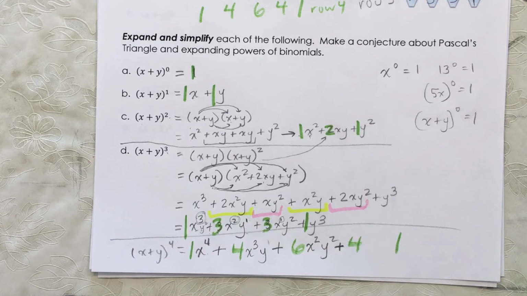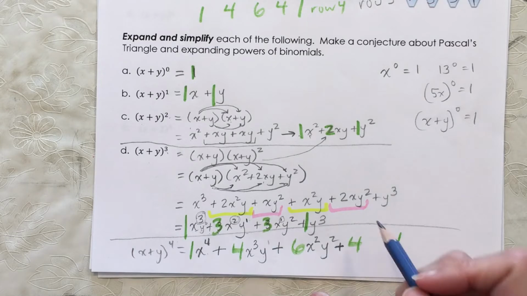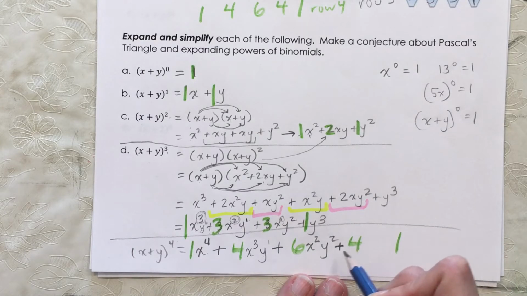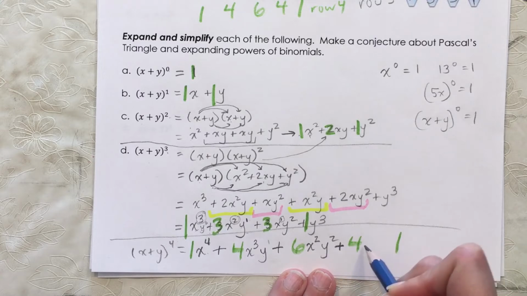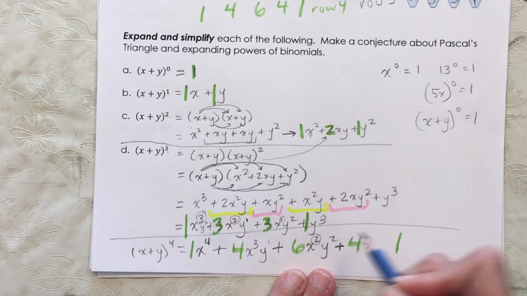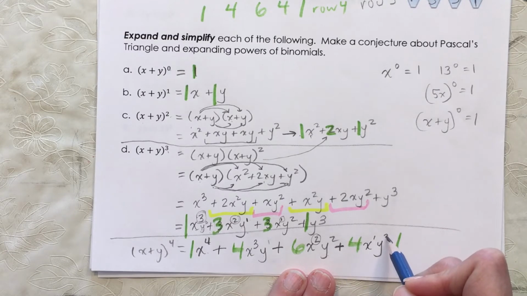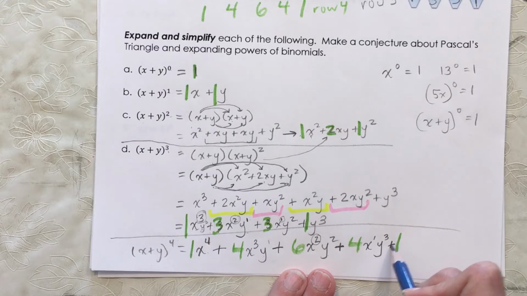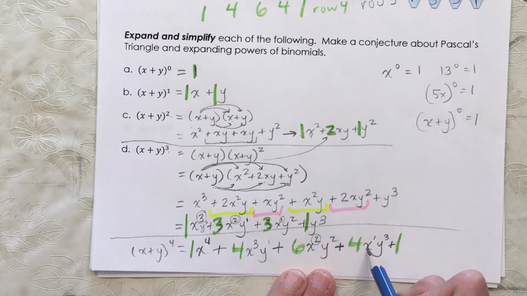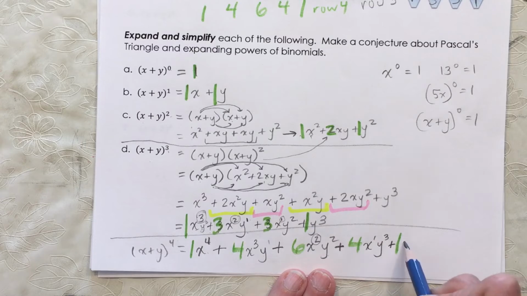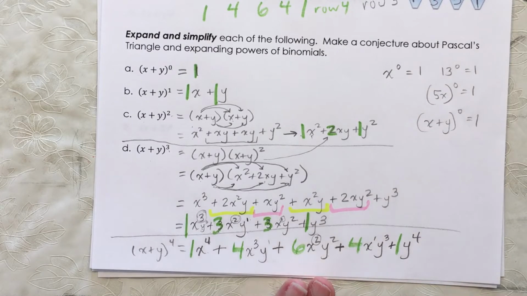Then what's going to happen next is I'm going to have 4, and then my exponent on x is going to decrease by 1 again to make it x to the 1. And my exponent on y is going to increase by 1 again. Plus, finally I end with my 1. My exponent on x will decrease by 1, which makes it x to the 0. But x to the 0 is 1, so you don't see the x there. And you end with 1y to the 4th.